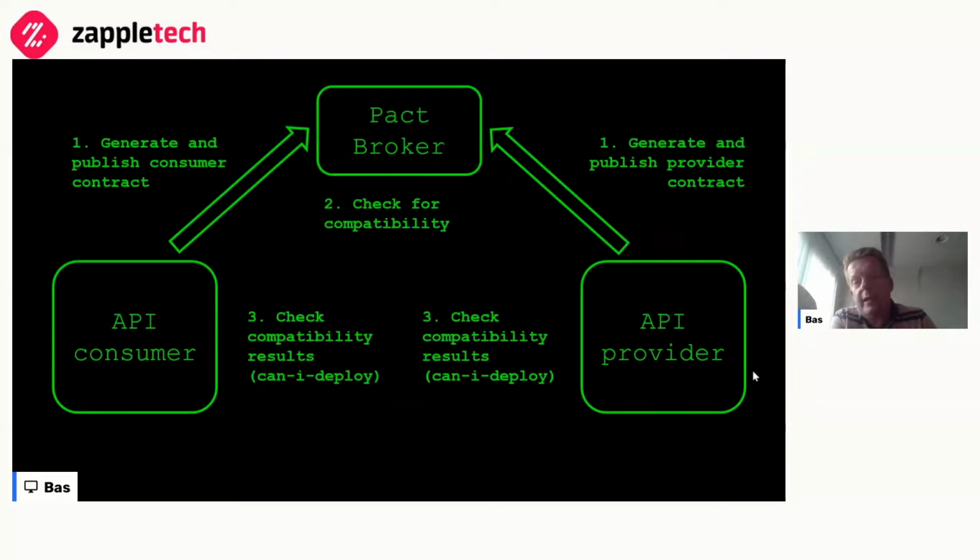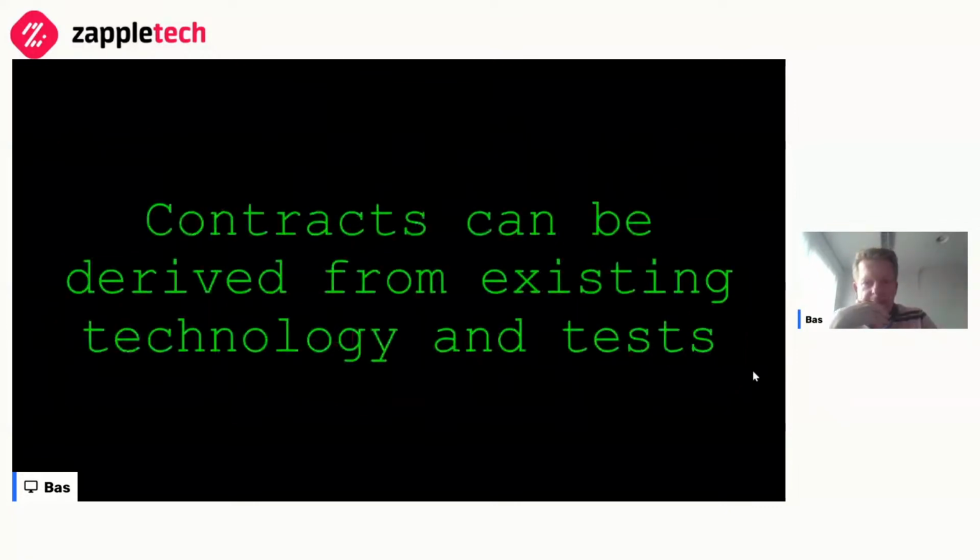And once the Pact Broker has done that, and again, this is supported only by PactFlow, not by the OSS Pact Broker, then both parties can check, well, is it safe to deploy? What's super nice, I think, about bidirectional contract testing is that you no longer even need Pact to do it.